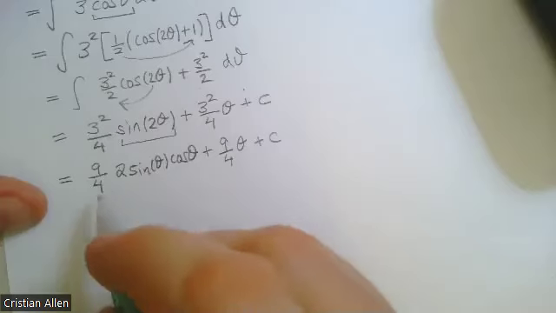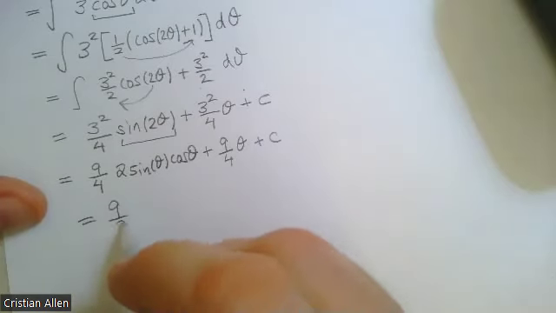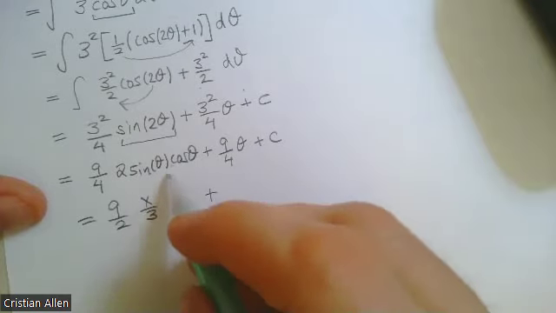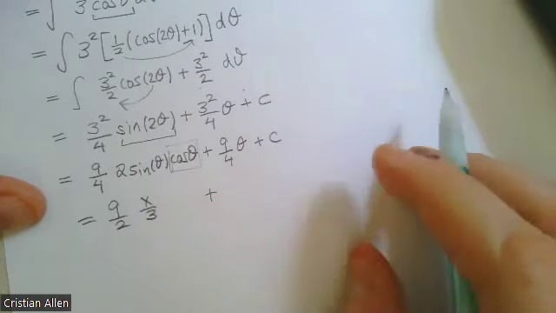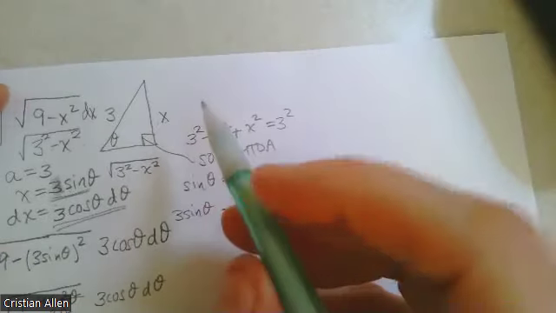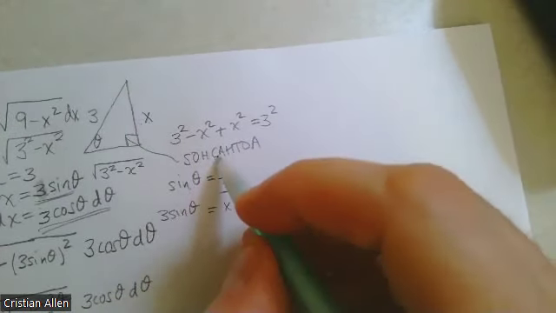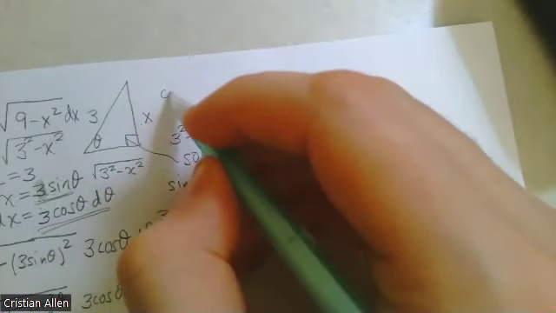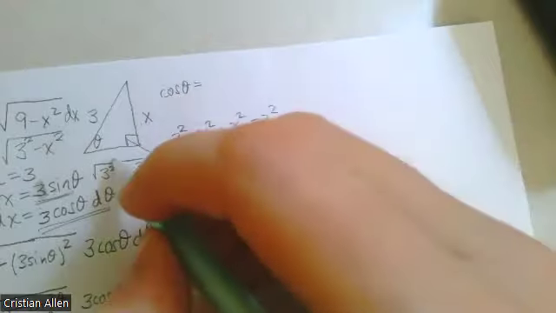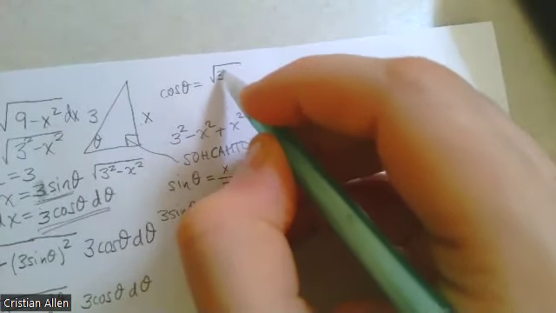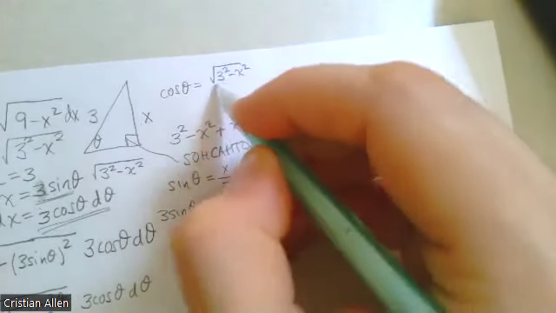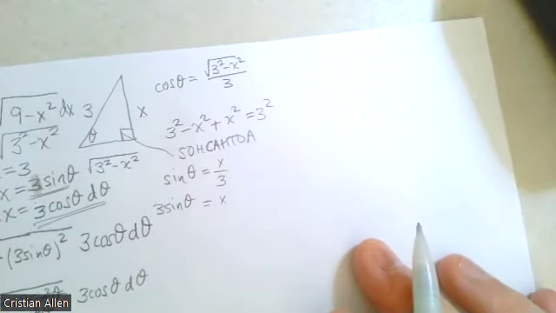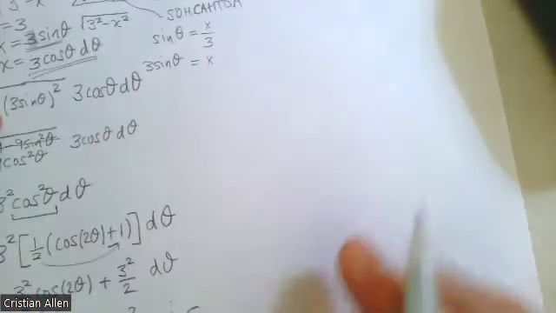So sine theta is x over 3. Question is, what is cosine theta? That's kind of why we're setting up this triangle, right? Cosine is the adjacent. Let's see, cosine theta is adjacent, this monster, over the hypotenuse. Okay, that's particularly nasty looking.